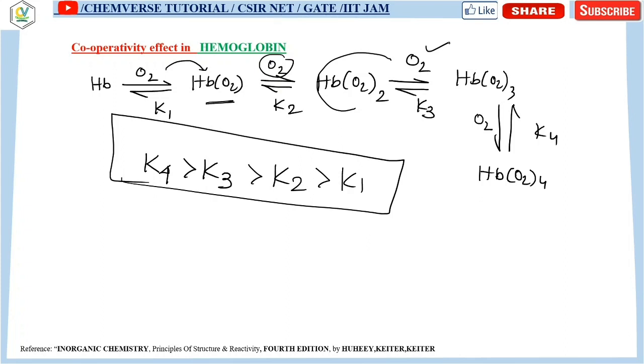This continues up to the fourth oxygen binding. This is called the cooperative effect. That means binding with the first oxygen exerts a cooperative effect on the hemoglobin so that its tendency to bind with the second oxygen increases. So gradually lesser time is required for successive oxygen binding.